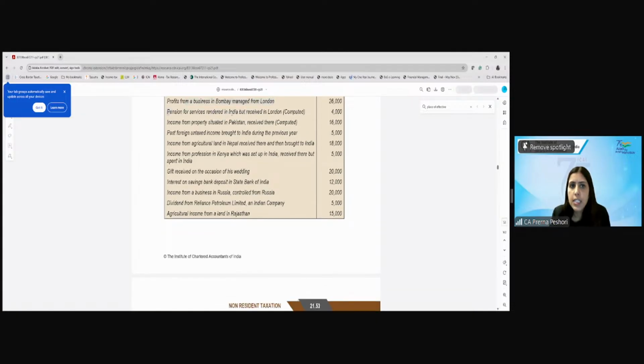Pension for services rendered in India but received in London. Taxable, ma'am, all the cases. Income from property situated in Pakistan received there.